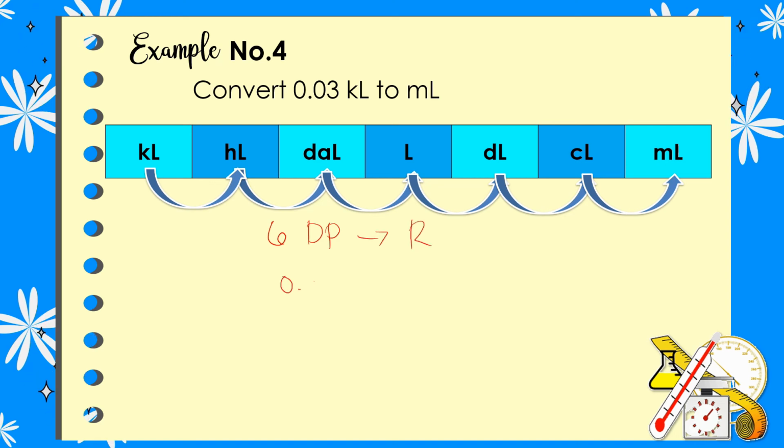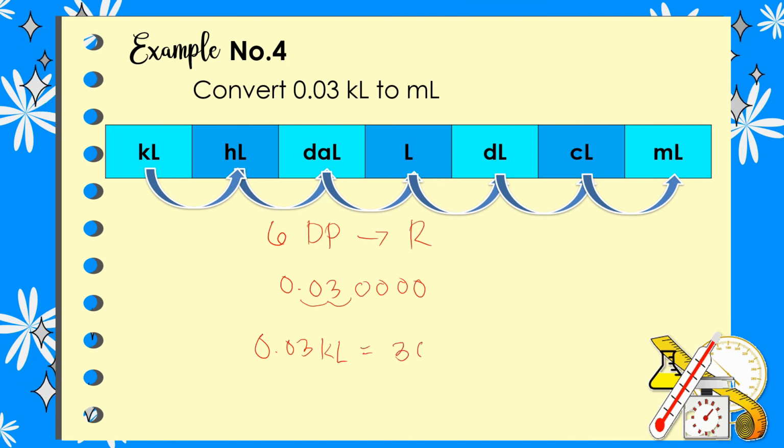So, 0.03, i-move natin ng 6. We have 1, 2. So, add na lang tayo ng 4 na zeros. So, when you convert 0.03 kiloliter papunta sa milliliter, that is equivalent to 30,000 milliliters.